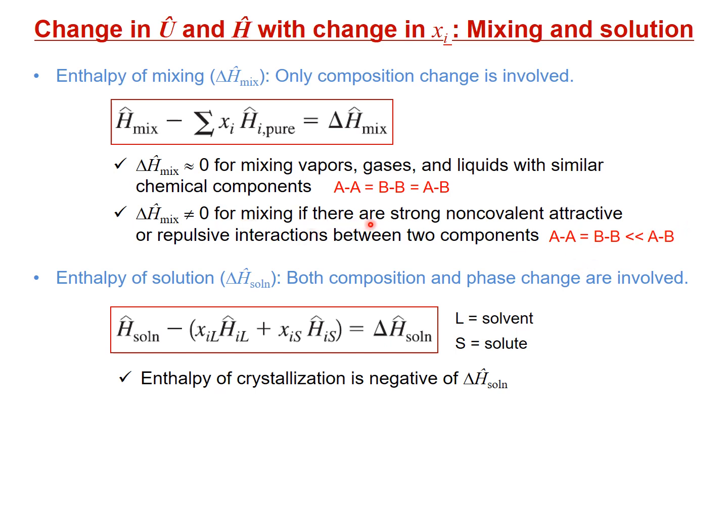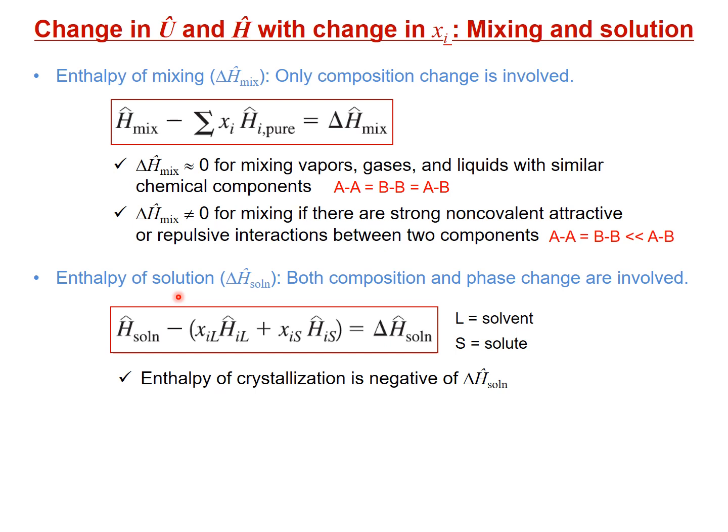If there are strong non-covalent attractive or repulsive interactions between two components, so it means A to B is much larger than this one, or very smaller than, or sometimes negative than the pure one, then we could consider the delta H mix seriously. So you should think about the intermolecular interaction.